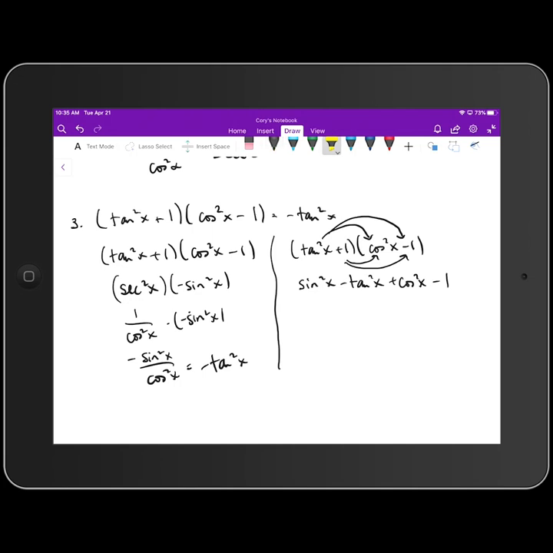To simplify this expression, I can take sine squared plus cosine squared, and using the first Pythagorean identity, that becomes 1. So we get 1 minus tangent squared minus 1, and when I combine the 2 constant terms, that simplifies to negative tangent squared. So again, that gives us another way to verify that identity.